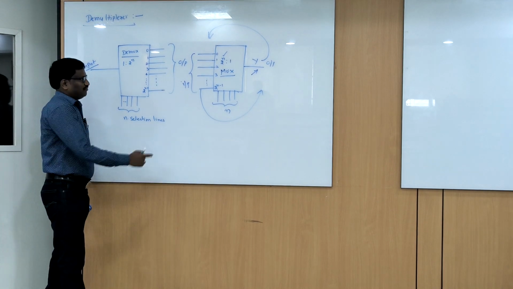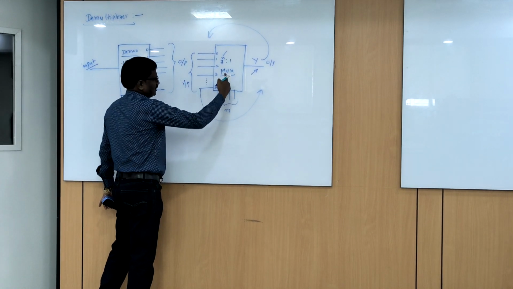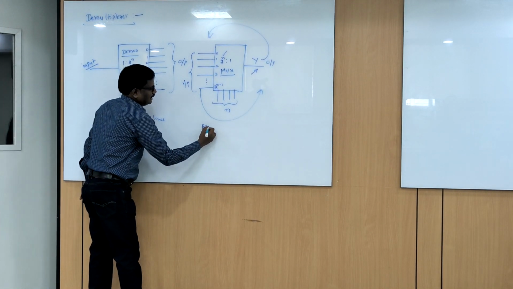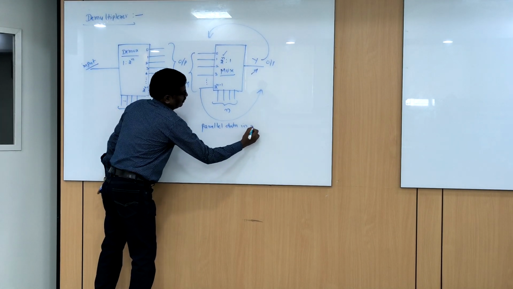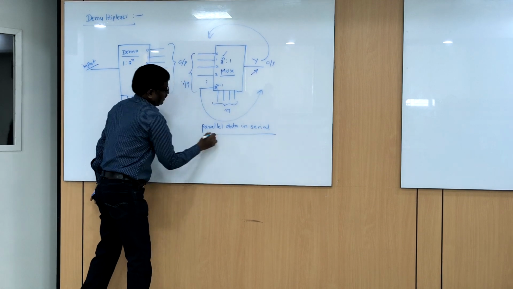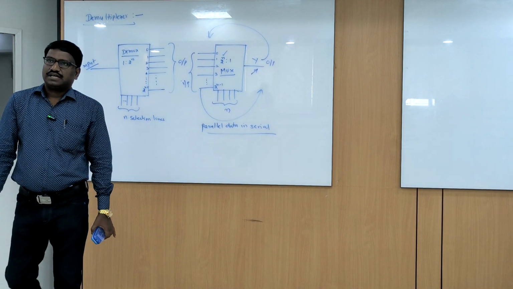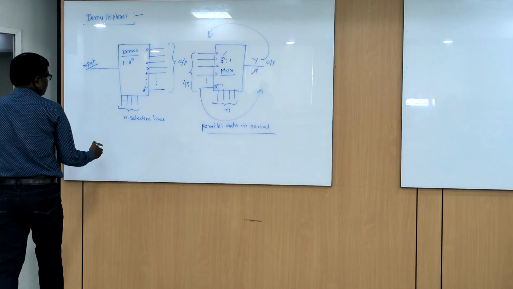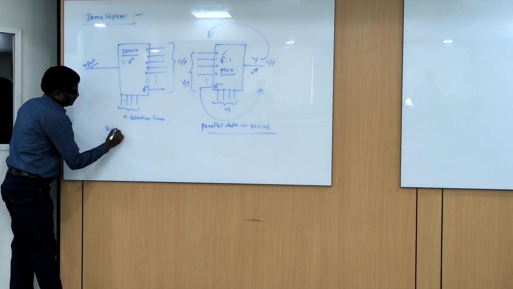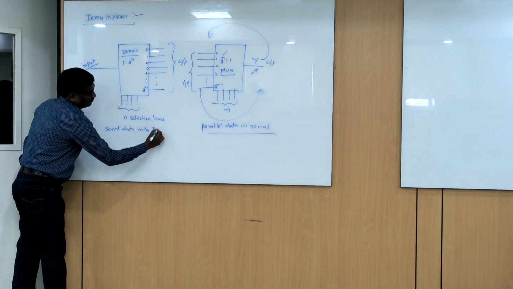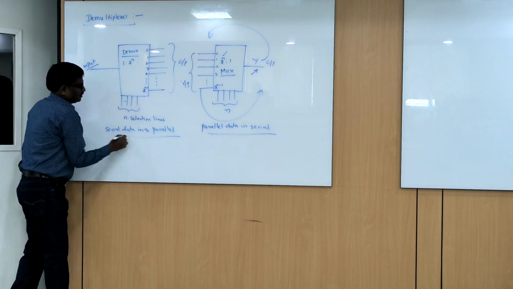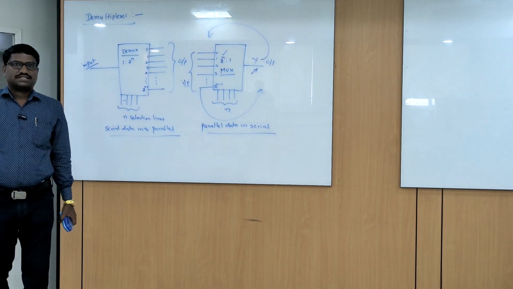The mux will convert parallel data into serial form. Once data is in serial form, at the receiver we need to convert serial data into parallel form. For this reason we use a demultiplexer.